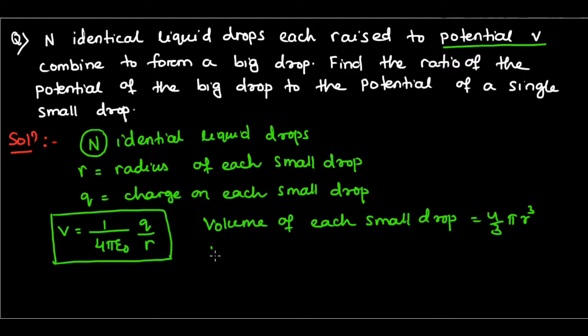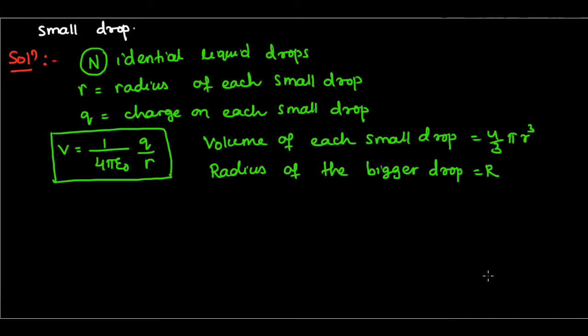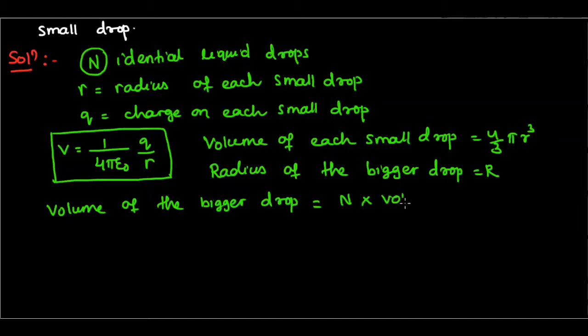So assume that the radius of the bigger drop is equal to capital R. Then volume of the bigger drop is equal to n times the volume of small drop, because n number of small drops have combined to form the bigger drop.